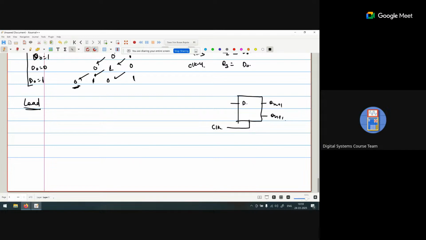We know that in the D flip flop there are two inputs possible. One is the original input and one is the clock signal.